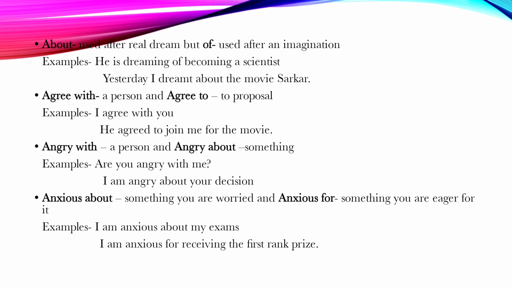So just look, with the one word, the entire concept changed. Anxious about means you are worried, and anxious for means you are eagerly waiting for that thing. So anxious about is I'm anxious about my exams, and anxious for is I'm anxious for receiving the medal, the first prize. I'm very anxious for receiving that. So the meaning itself changed.